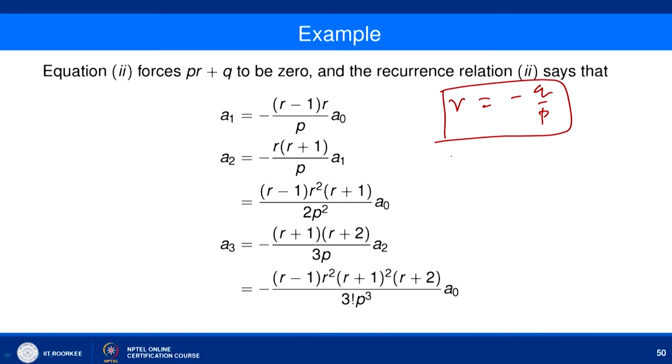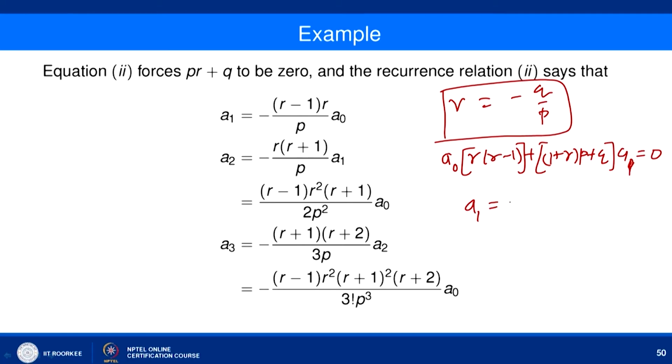Here this is a naught into r minus 1, r into r minus 1 plus, here we have 1 plus r p plus q a naught equal to 0. So, here you can get, this is a1, sorry.